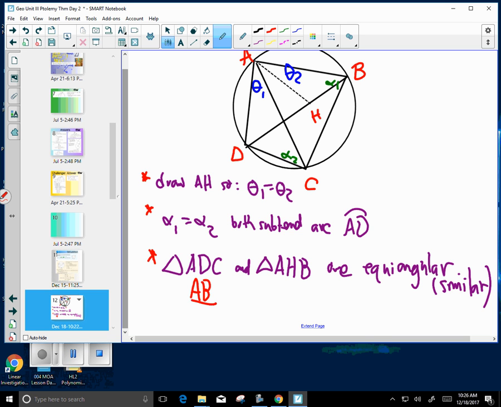AB over what? What's the longest side on ADC? AC, yeah, is going to be equal to the ratio of BH, it's across from theta 2, so BH is to what?